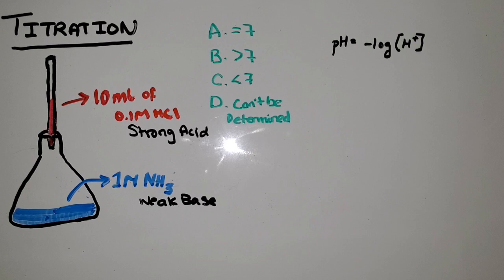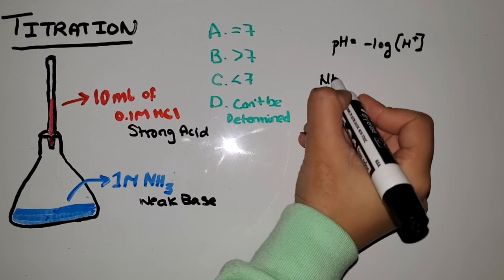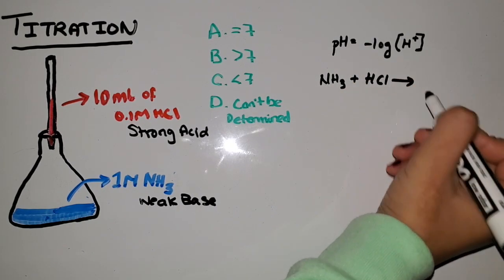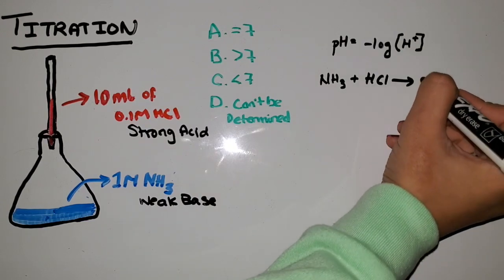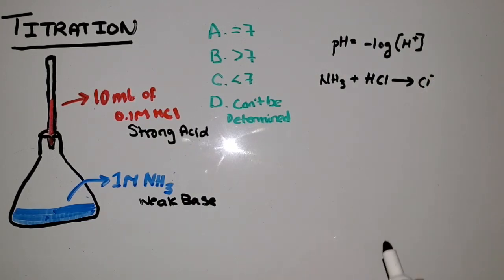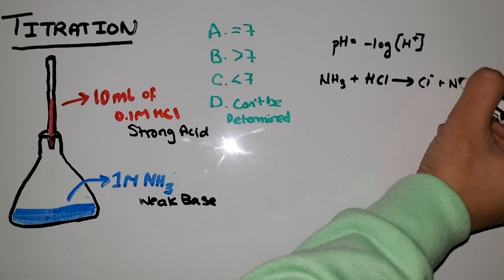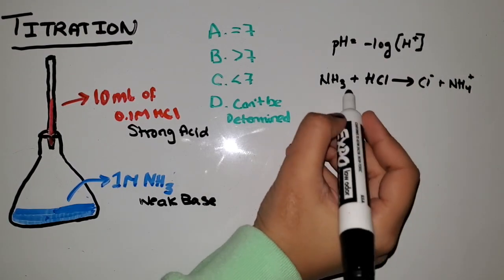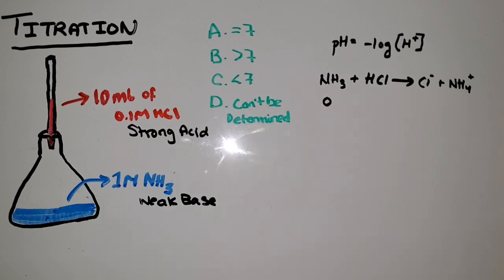So in order to know what the pH is, we need to understand what's happening in the solution. So we have NH3 plus HCl. When that reacts and neutralizes, we get Cl- ions plus NH4+ ions. Now, when these two react, we have 0 concentration of NH3 left and 0 concentration of HCl left.